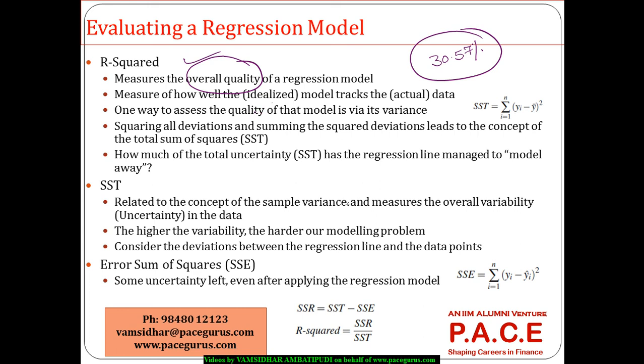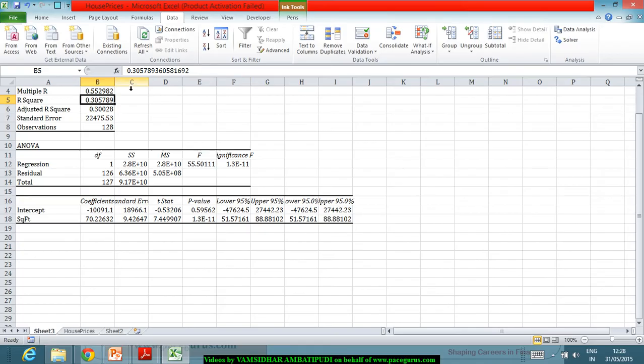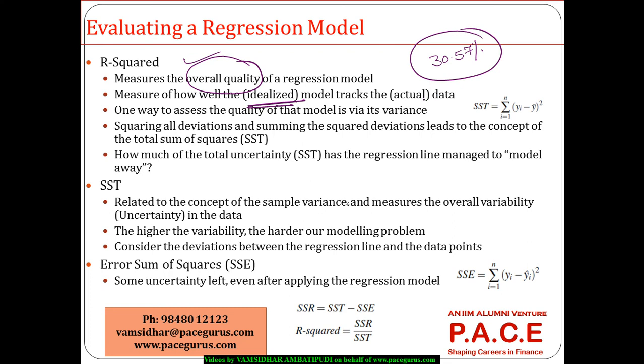So what does that clearly mean? What do we mean by the accuracy? What do we mean by the quality? How well the square feet is able to track the price. To what extent the square feet is sufficient enough to predict the price.